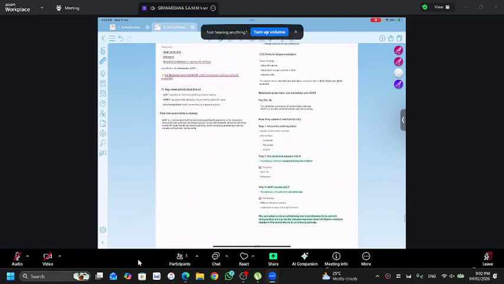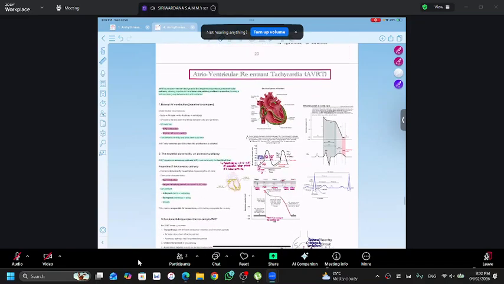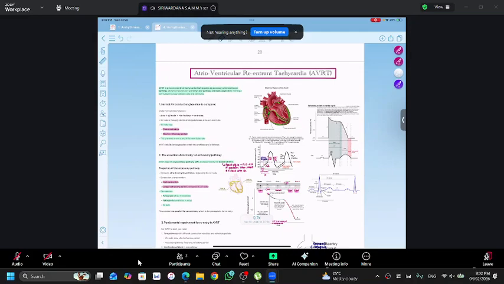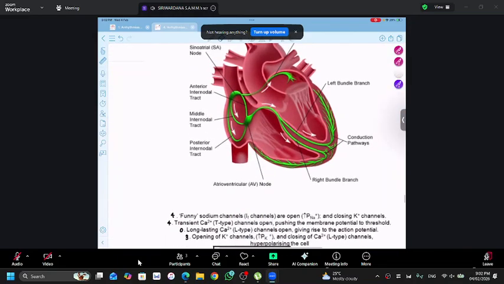Basically what happens is this. Usually, in a normal person, there is absolutely no electrical connection between the atria and the ventricles through normal cardiac myocytes.